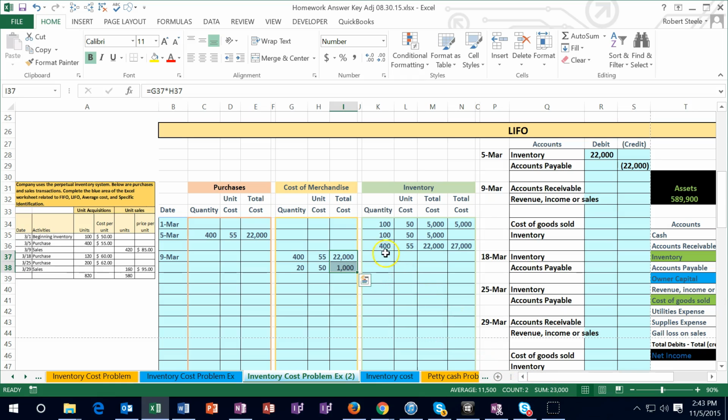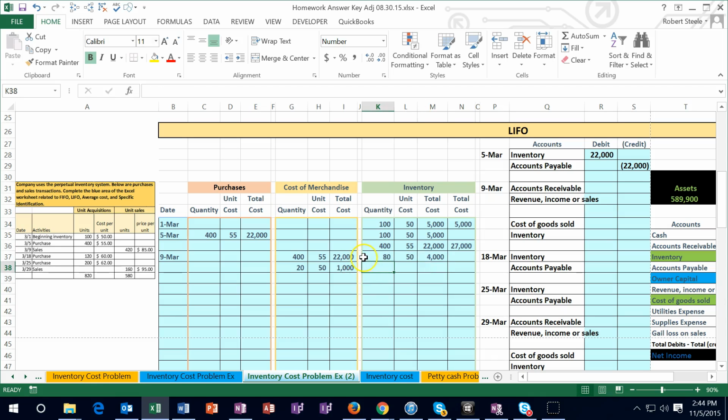Now we're going to see of this layer, how much do we have left? And so I'm going to say of this 100 at $50, we sold 20 of them. So we still have 80 of those older units left. And those units cost $50. And if we multiply that out, we have the 80 times the 50, and Control Enter gives us 4,000.